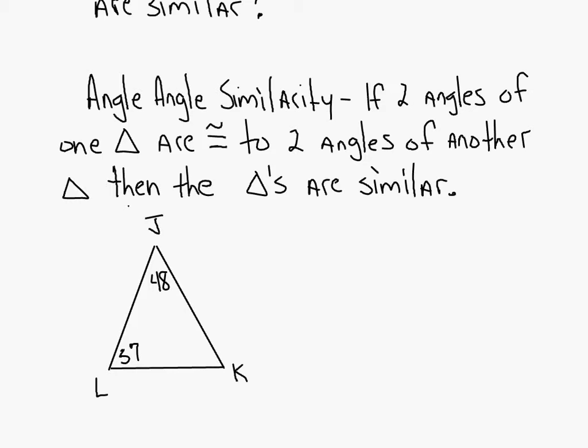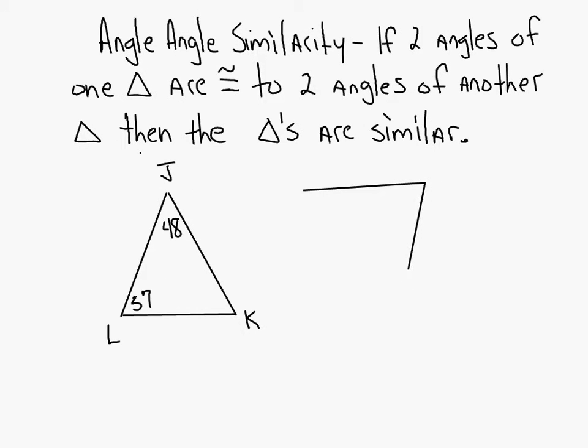And then you're given a little bigger triangle to the right of it, MPQ. And you're given angle M is 57 and angle P is 75.